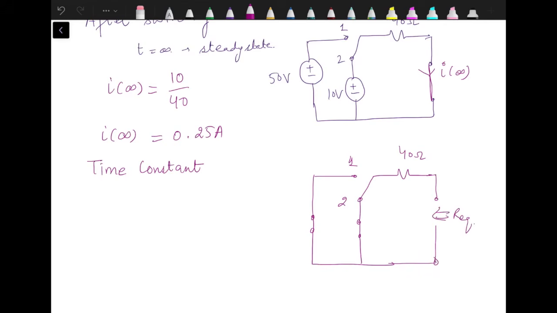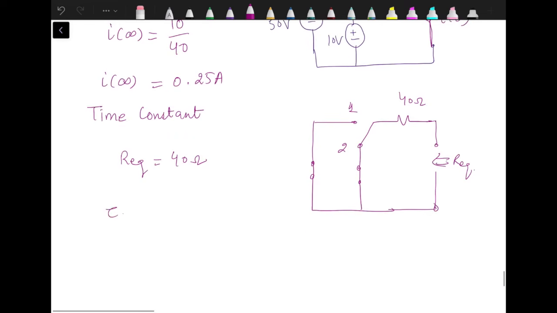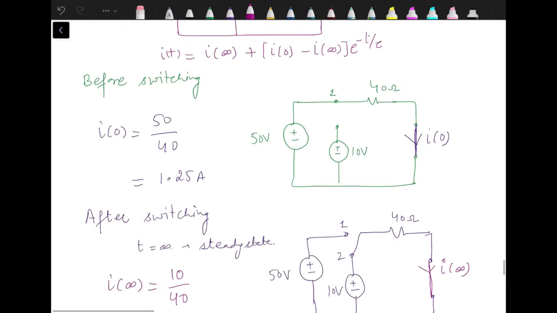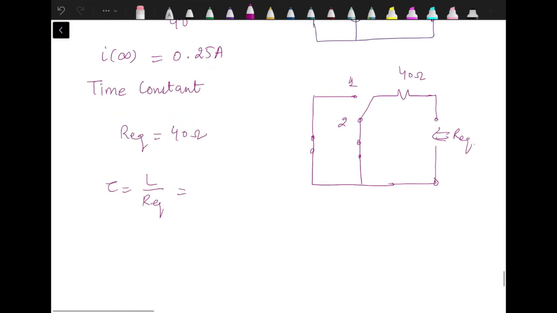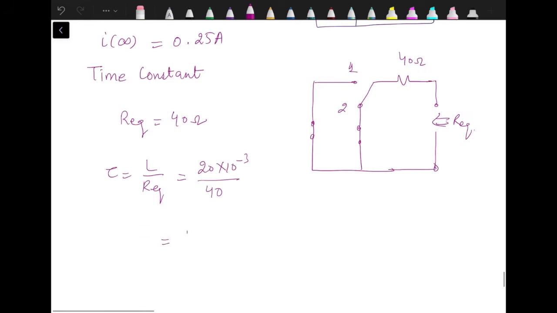So the equivalent resistance between inductor terminals is only a single resistance of 40 ohm. Tau is L by R equivalent. The value of L was 20 millihenry, so 20 into 10 raised to minus 3 by 40. So it's 1 by 2 into 10 raised to minus 3 seconds.